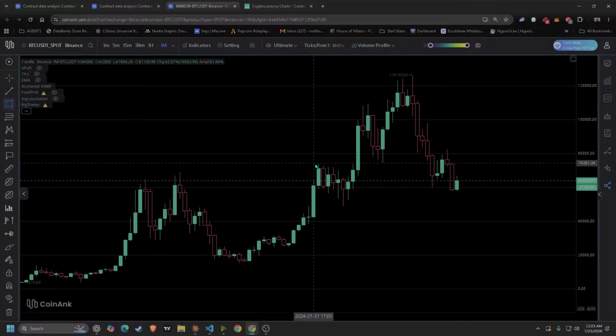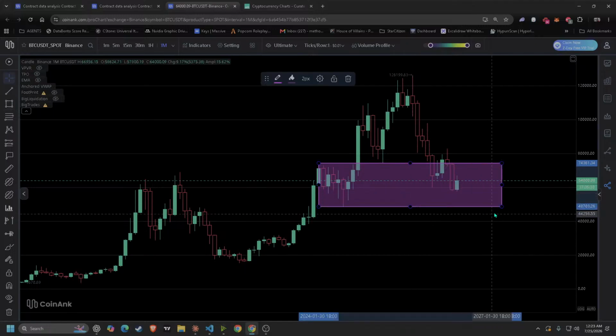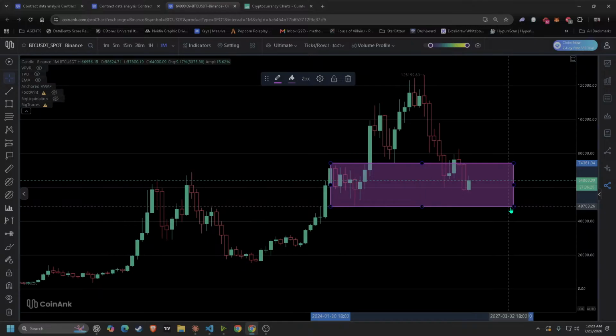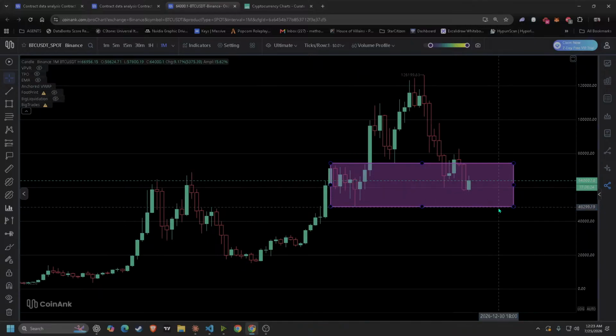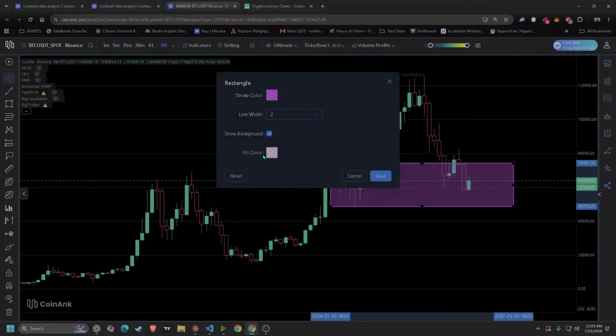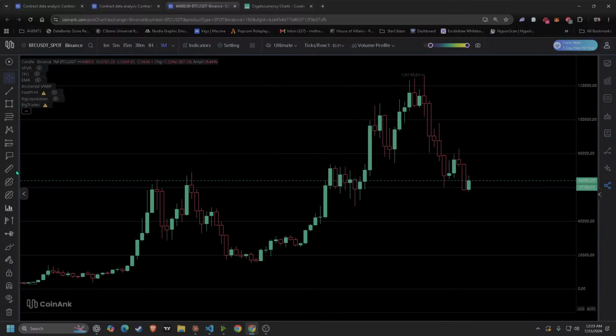So this is interesting, right? We tap back into this range right here. And I put a horizontal line in the middle. See, you can't. That would be nice if you could. I think I need to use like a Gann box or something. It's a rectangle.